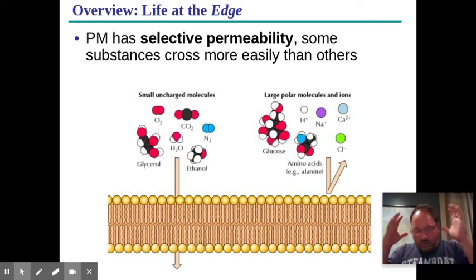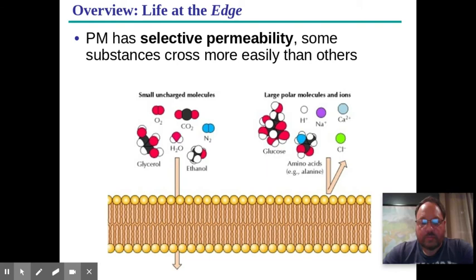Now, a good general rule of thumb to conceptualize this: like dissolves like, right? So if it's small, uncharged, or small nonpolar, it can pass through the membrane. Now, I know they have water listed there, but there are channels in membranes that make water move through rapidly.